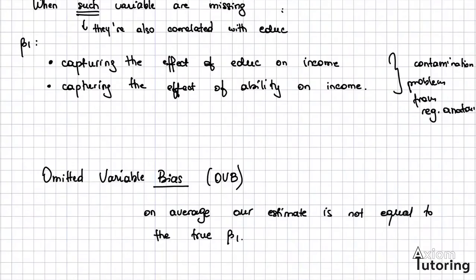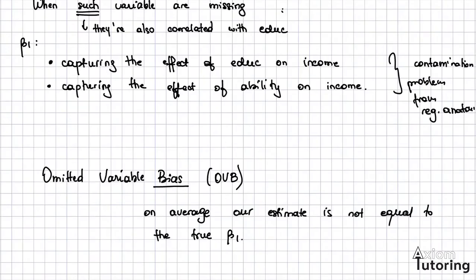So we are systematically getting the wrong answer. We are not just being imprecise, we are literally giving the wrong beta 1 hat estimation here. And that's why omitted variable bias is a very serious problem to be taken into consideration.